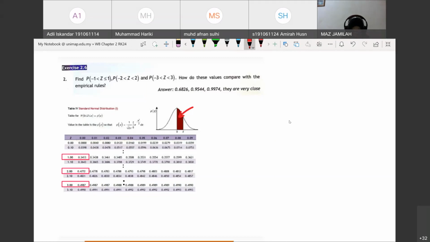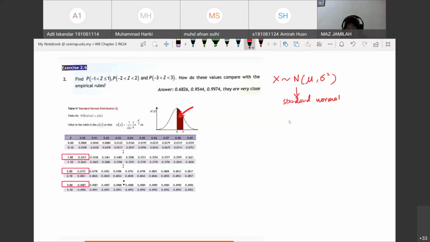When we are dealing with z, originally we are talking about x that follows normal with mean mu and variance sigma squared. Since we do not want to have so many normal probability distribution tables, we standardize this into what we call standard normal.